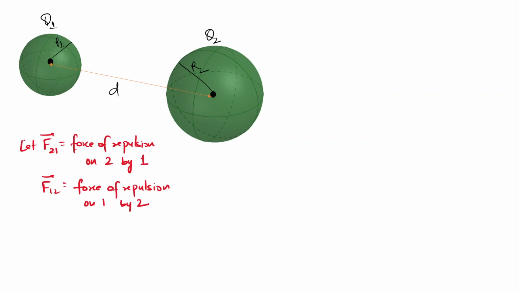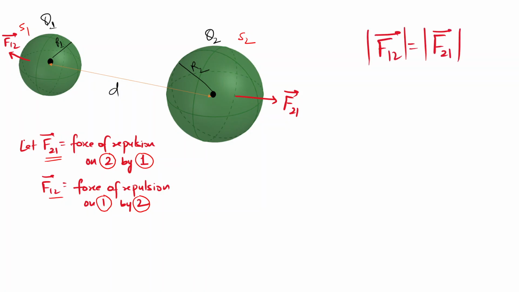Let's say that F21 is the force on 2 by 1, and F12 is the force on sphere 1 by 2. So this is S1, this is S2. These forces are in these directions also. We have already proved that, because this is the only unique direction in this geometry. And the magnitude of these forces should also be the same because of Newton's third law, right? If you're not convinced about this, give it some time.